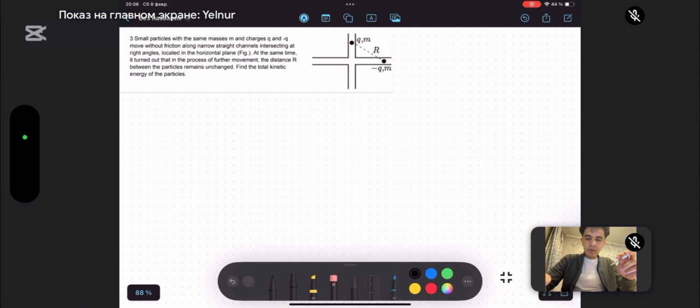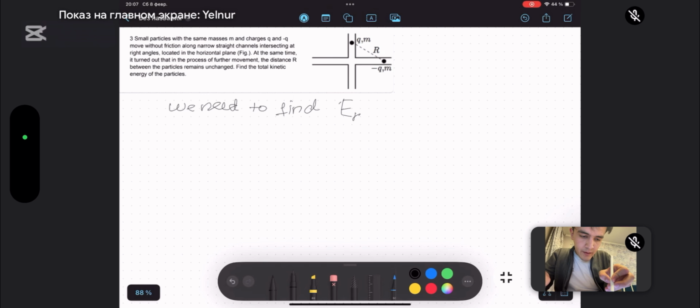At the same time, it turned out that in the process of further movement, the distance r between the particles remains unchanged. Find the total kinetic energy of the particles.